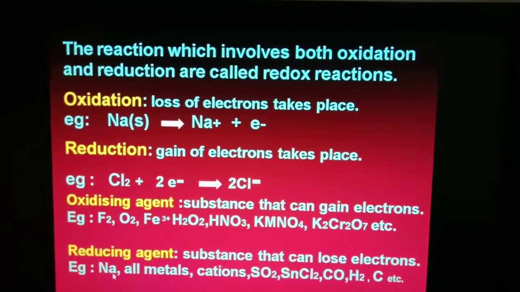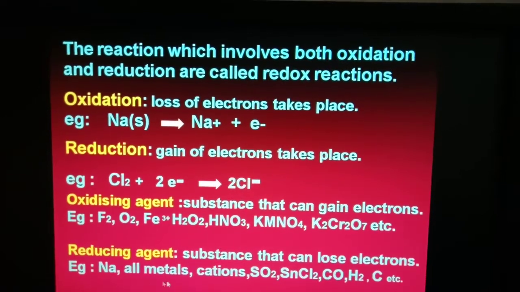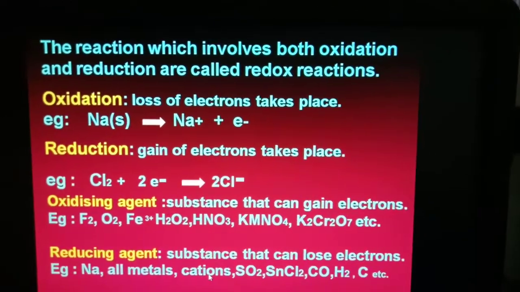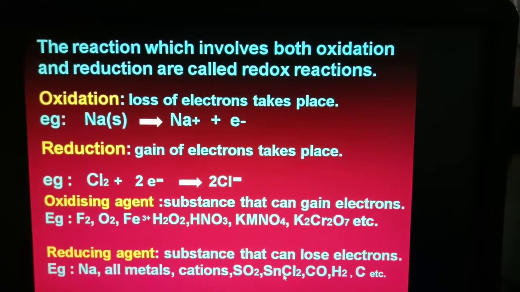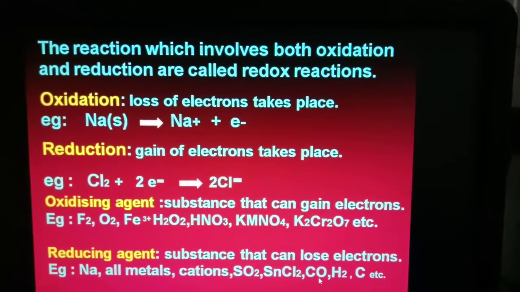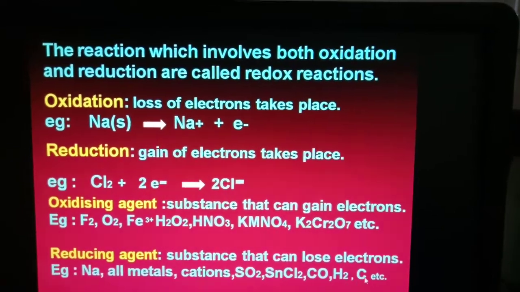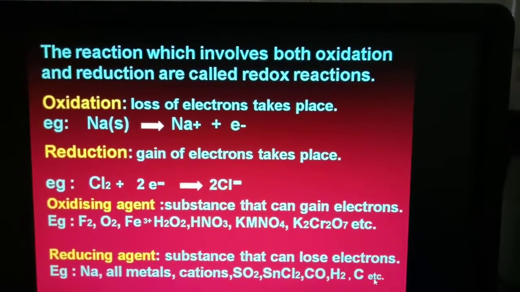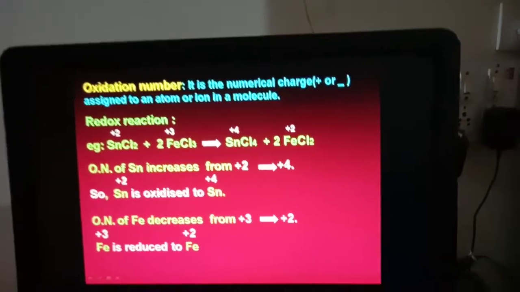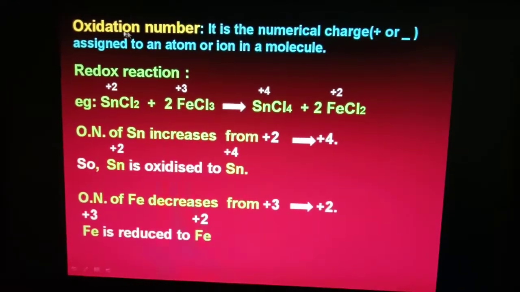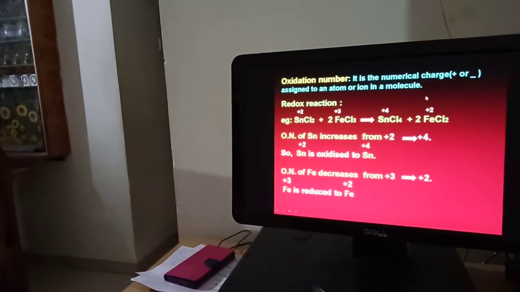Examples are all metals like sodium, magnesium, aluminium, cations, SO2, SnCl2, carbon monoxide, hydrogen gas, carbon, etc. Next term which is required to understand redox reaction is an oxidation number. It is the numerical charge plus or minus assigned to an atom or ion in a molecule.